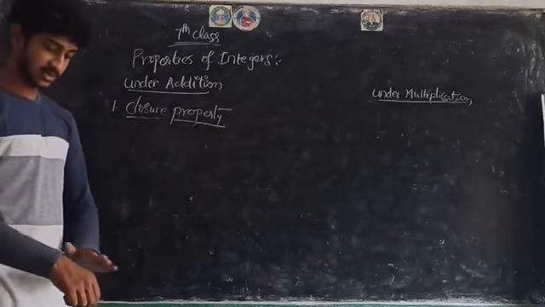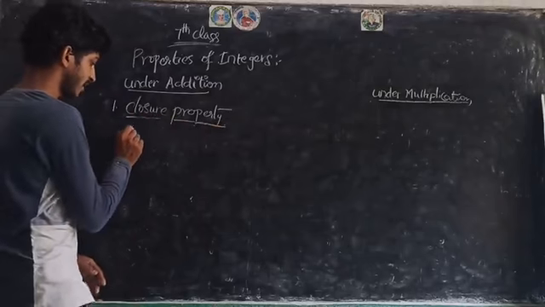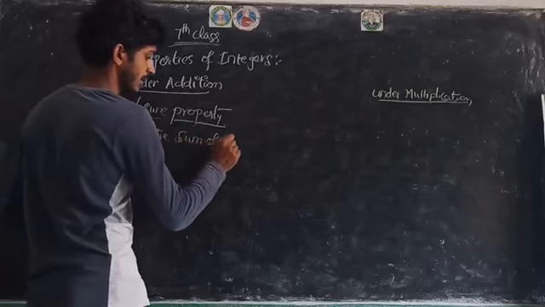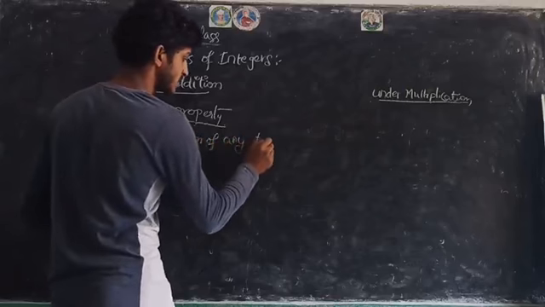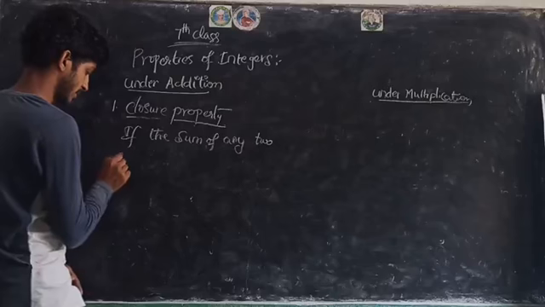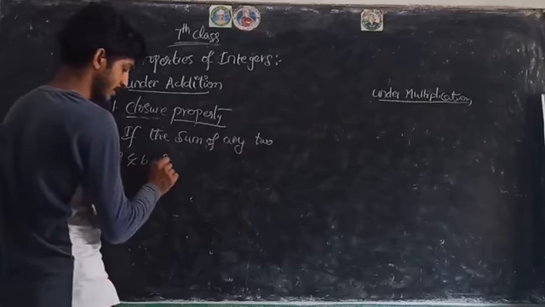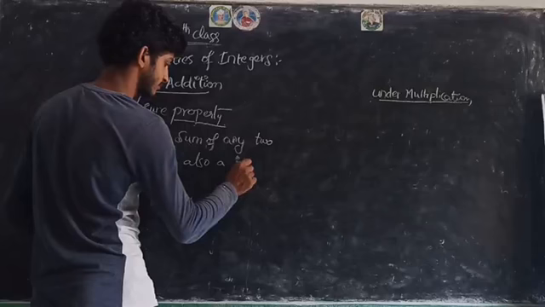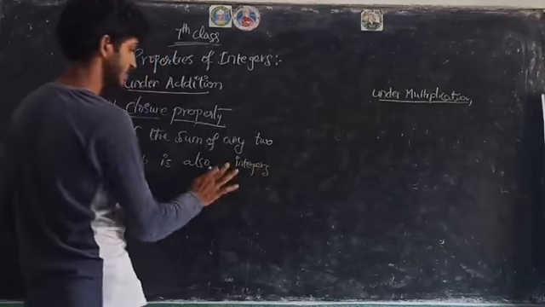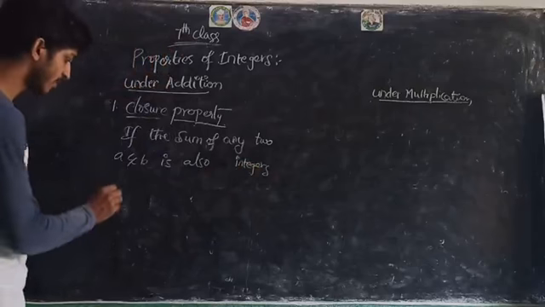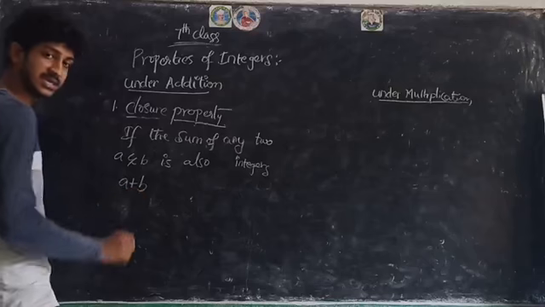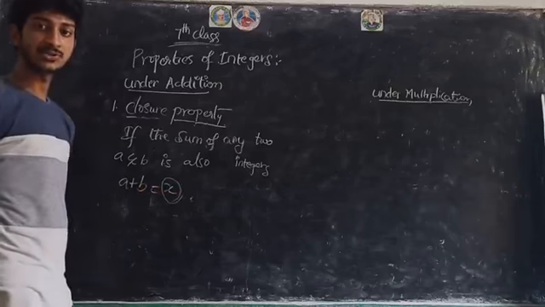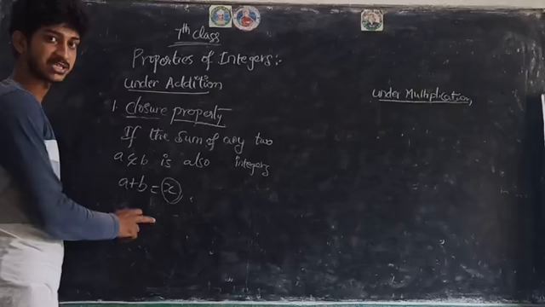Closure property is stating that if the sum of any two integers a and b is also an integer, means if you add two integers a and b and the answer we get is also an integer, must be an integer.